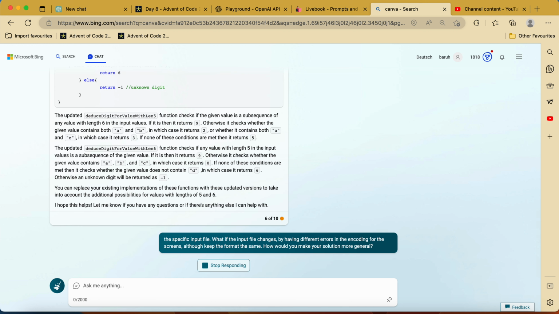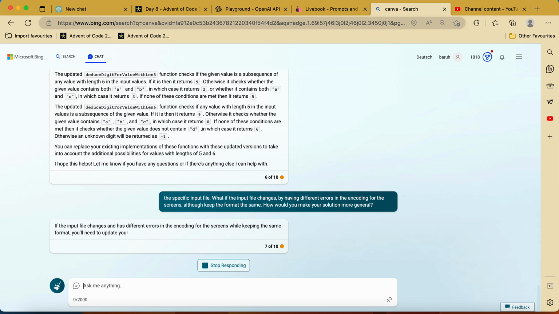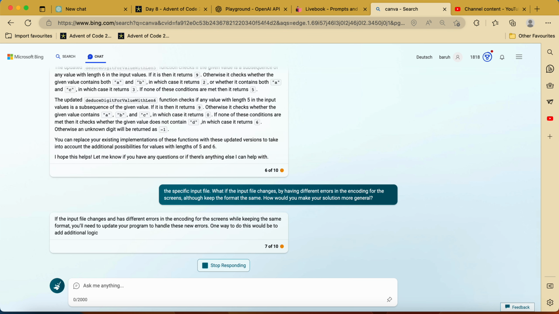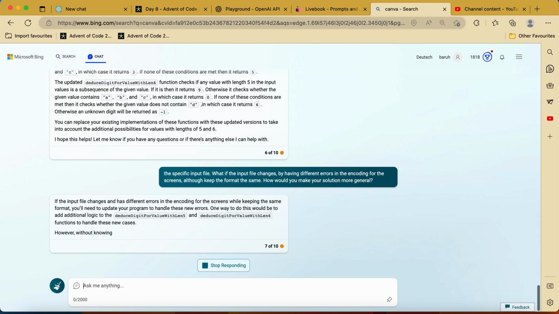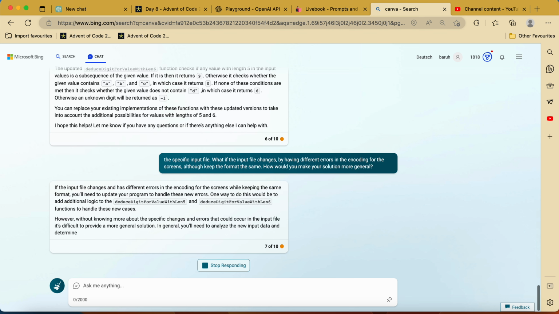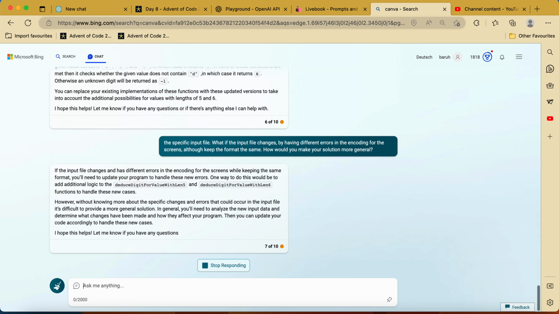Let's ask for this: how would you make your solution more general and point to the kind of error that I'm seeing, of input.